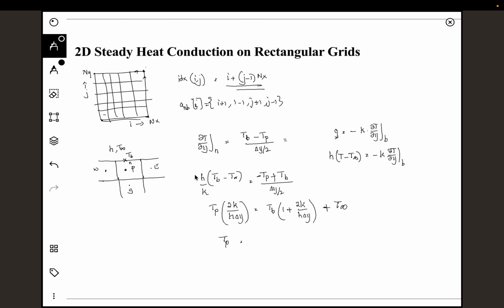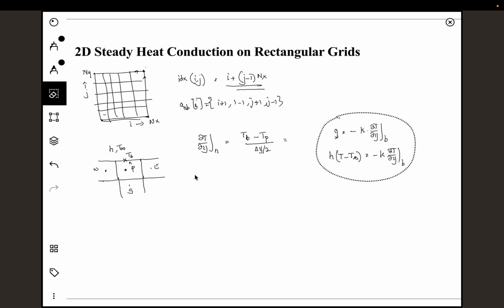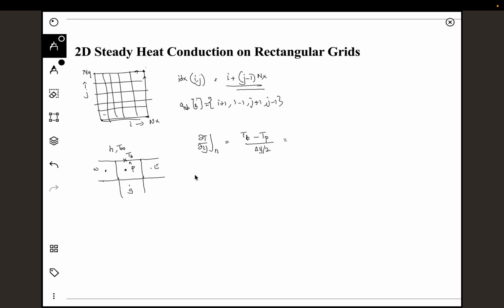I think there is some confusion here. Let me just do this again. So what we are trying to do is, basically, del T del Y is h times delta T by K, and we are trying to find the coefficient.